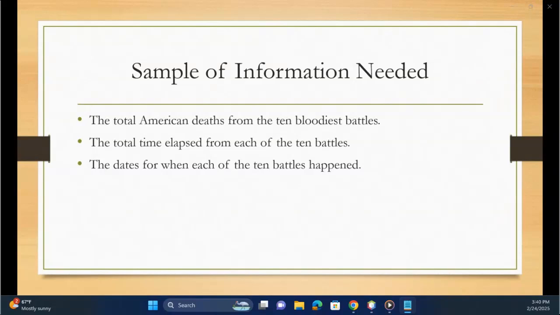This is all the information we're going to grab from these battles. But most importantly, out of all of them, are the American deaths, because that's what's most important about this: to see how much carnage and death occurred between United States citizens.